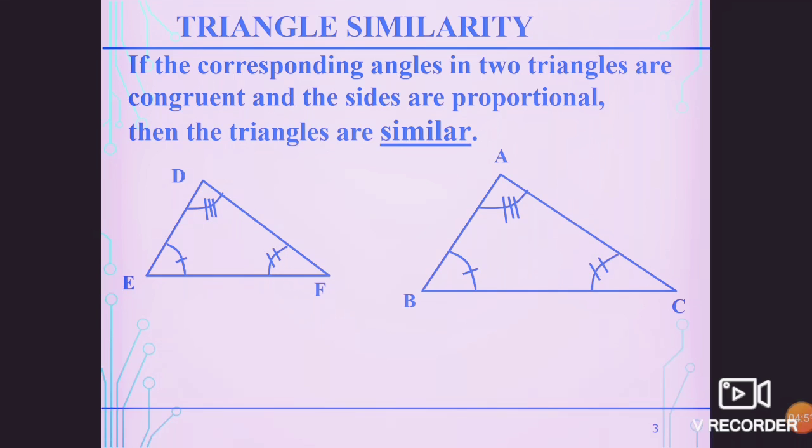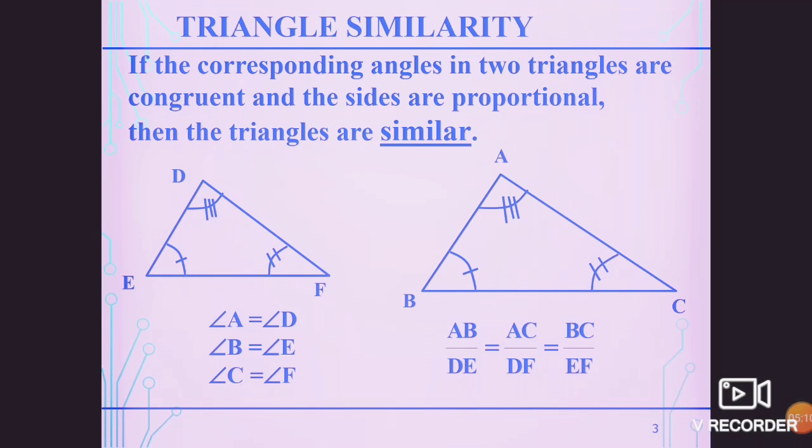In case of congruency, the sides also should be equal. Angles are equal as well as sides are equal. But in case of similarity, the angles will definitely be equal for corresponding angles, but the sides will be in proportion to each other, or they will have the same ratio.